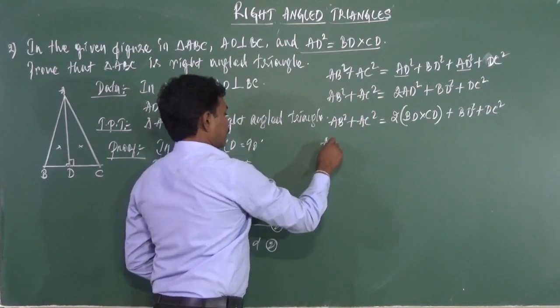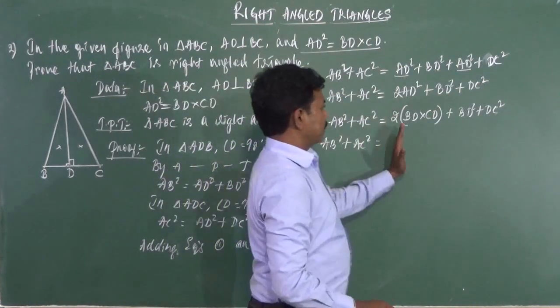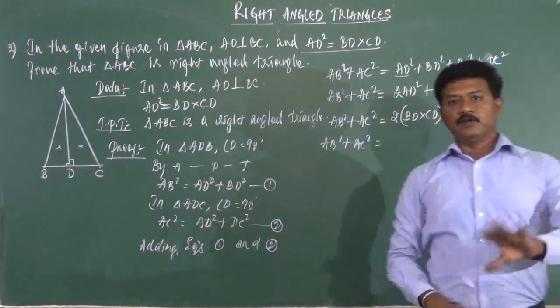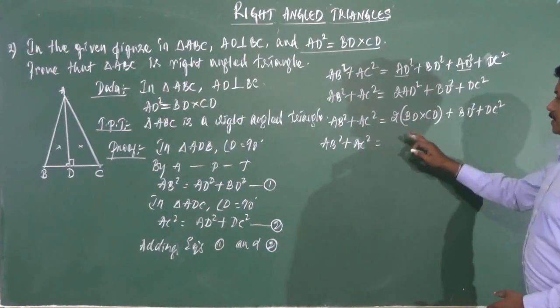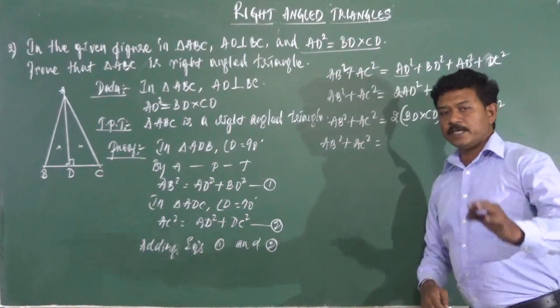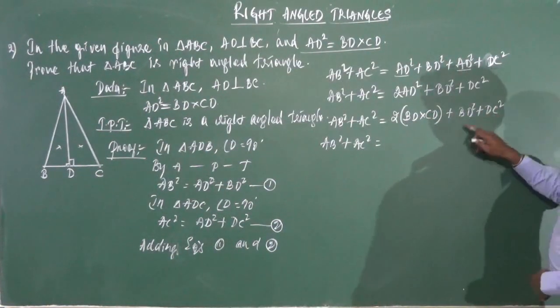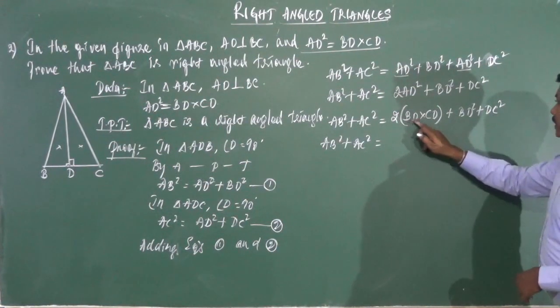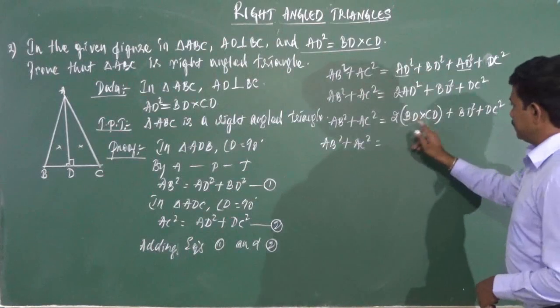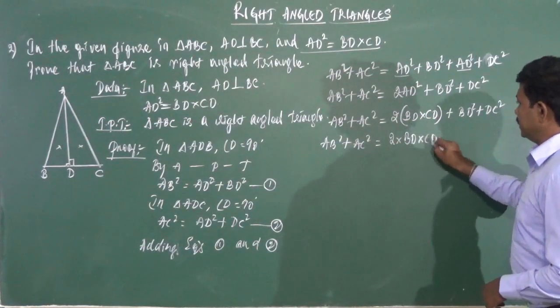So AB square plus AC square is equal to, most of the students come here and will not be able to solve the problem to the further steps because they fail in observing a very important step here. That's very simple. Here BD is raised to the power 2, DC is raised to the power 2, and we have BD into CD. This can be written as BD square plus DC square plus 2 into BD into CD.